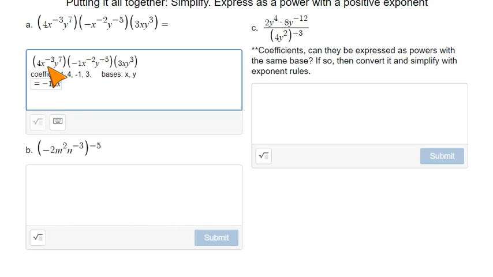We know that all of it has to be done by the product rule because all of these are multiplying together. So the first one that I have, -1 plus -2 plus 1. The x here has no exponent, but the implied exponent is a 1.